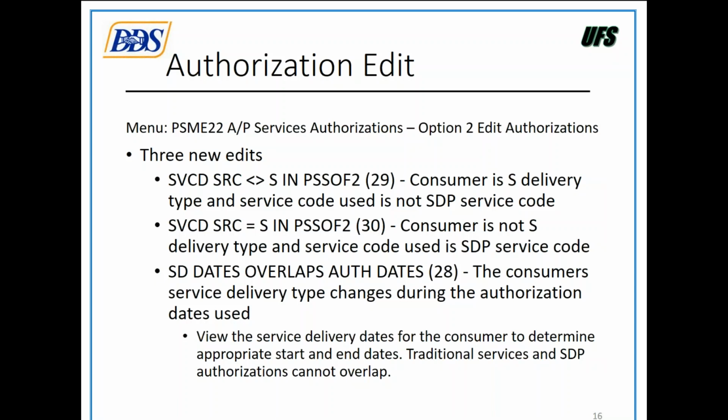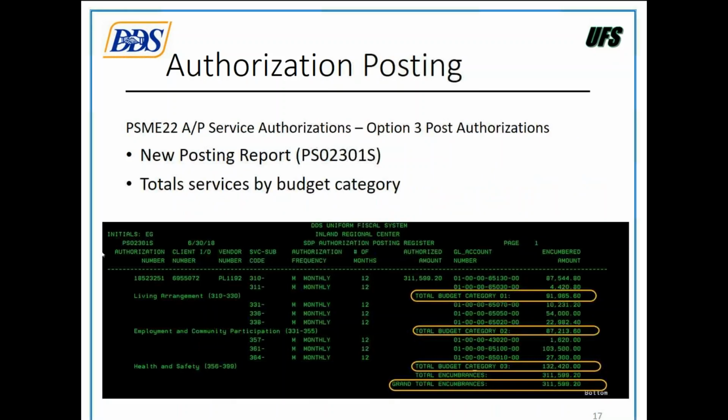And if your authorization begins before the consumer is in the date, or the consumer is exited and you start sometime during the time period, you're going to receive this type of error message. So just examine when they started and ended their traditional services in order to determine when the authorization time period should be.